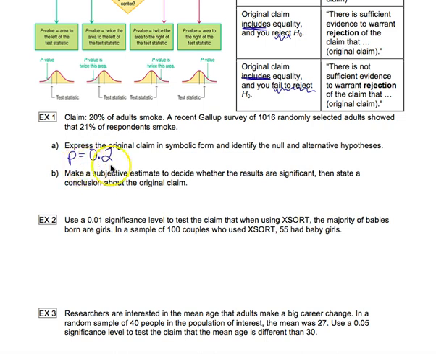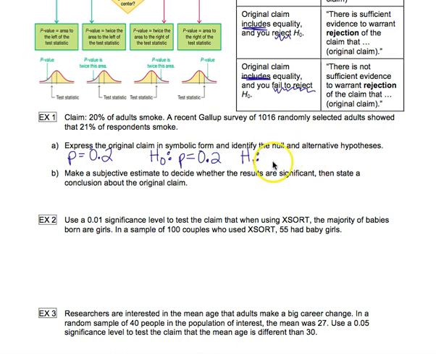Once I have my claim, then I need to set up my null and alternative hypotheses. So we're always going to use the same parameter. So in this case, both my null and my alternative hypotheses should be about p. Remember that the null hypothesis should always have an equals. So in this case, our claim and our null hypothesis are going to be the same.